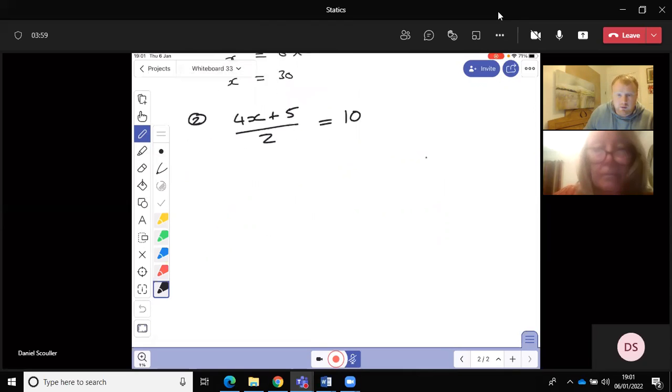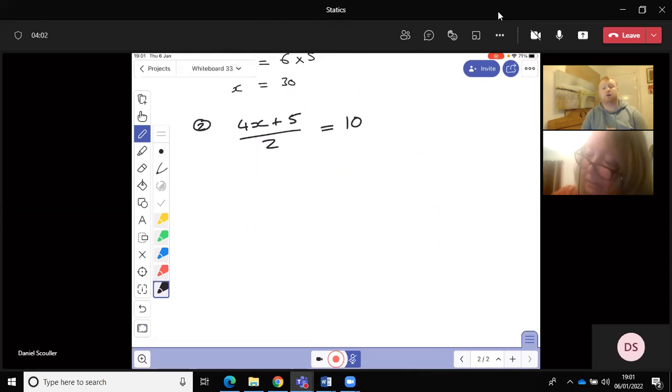If you have something along that line, 4x plus 5 over 2 equals 10, and you get asked to solve for x. Remember, there's no bracket there in that top expression.